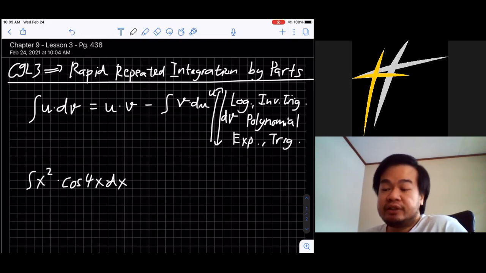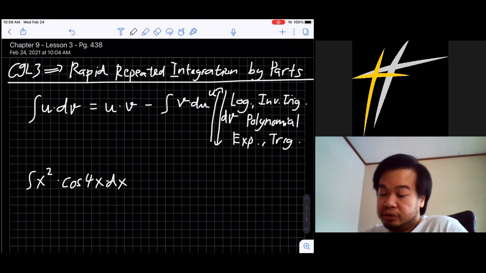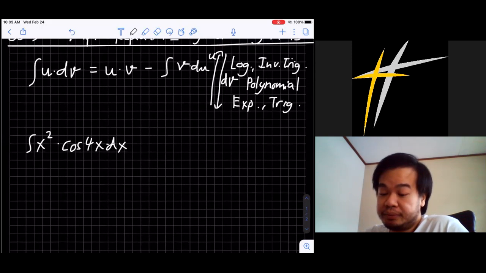Two integrations by parts need to be done to completely solve this integral. Now there is a way that you can solve this rapidly, faster, so I'm going to teach you how to do it now.